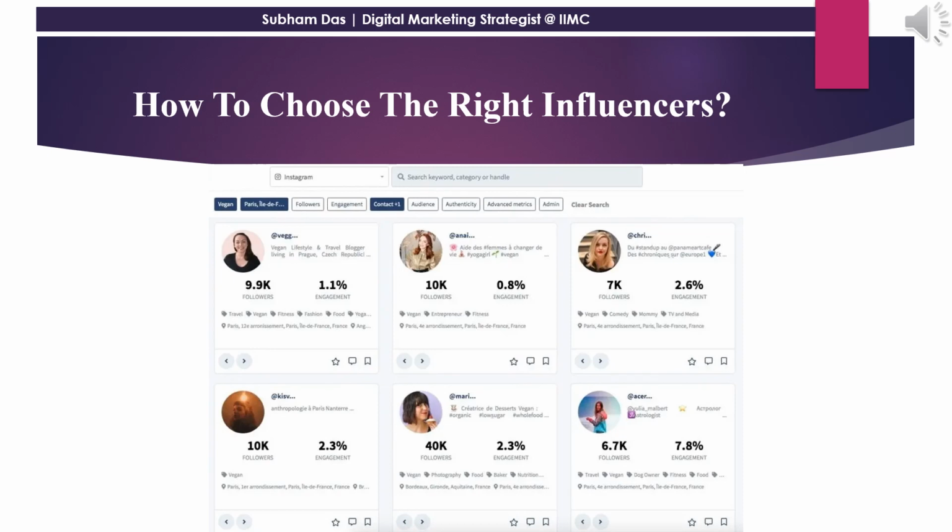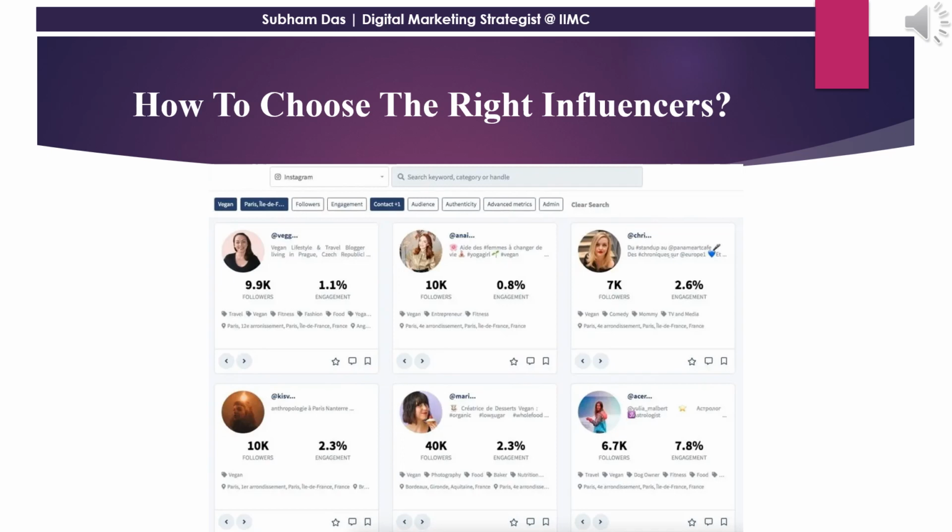In this picture below, you see that there are many influencers listed here, and for most of the influencers they have listed the number of followings and the percentage of engagement. So you can use the ABCC framework to understand the influencers and who you might approach for your business.